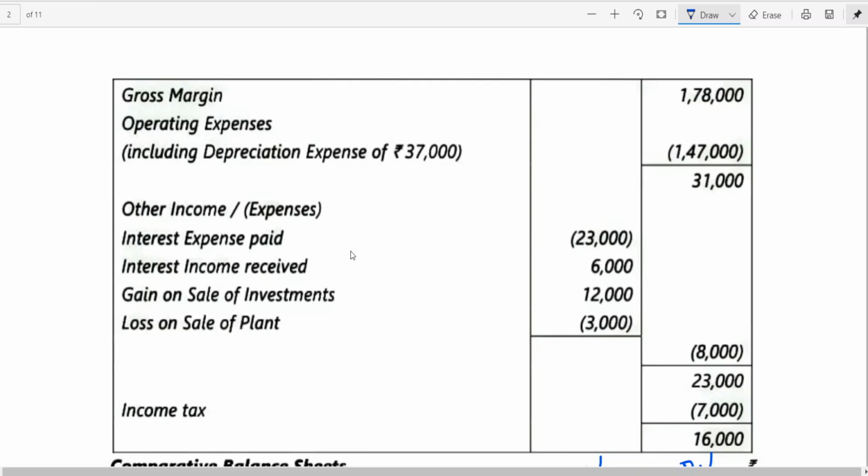This 23,000 is nothing but net profit before tax. So we got 23,000 as net profit before tax.